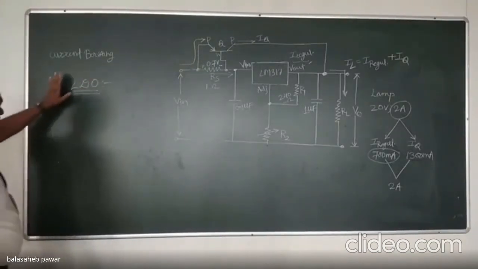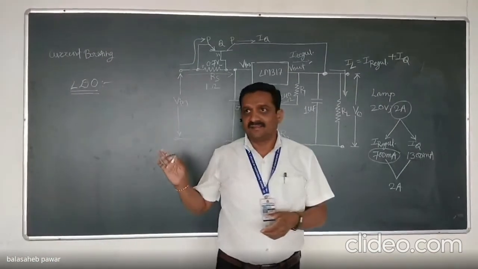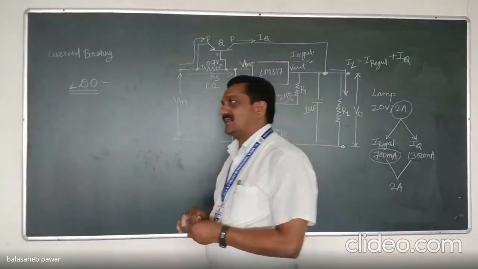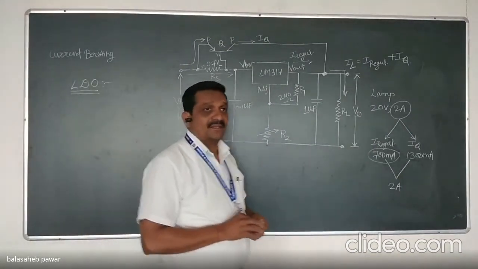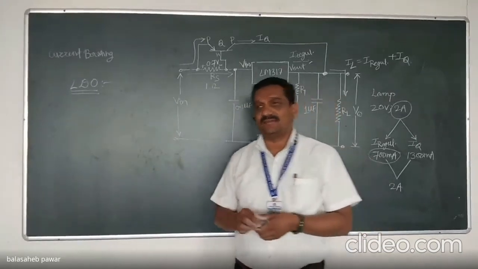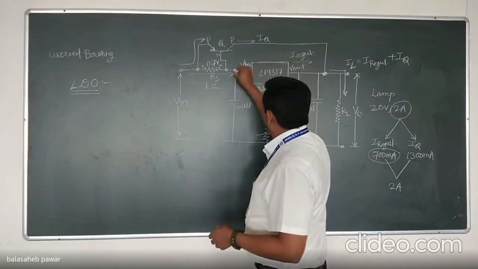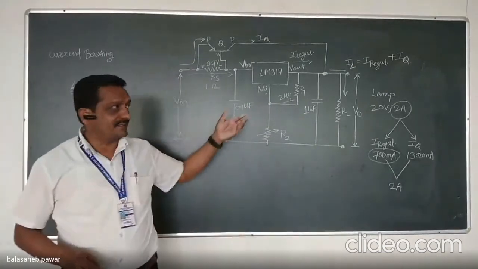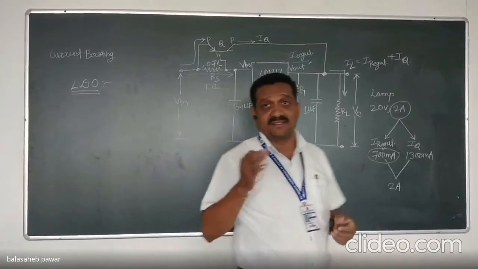See, what is the difference between this LDO and the regulators which we studied, which you are already familiar with, either the 78 series, that is fixed regulators, or the 79 series, that is fixed negative voltage regulators, or LM317 or LM337? The voltage drop across these regulators is somewhat large, that is 2 to 3 volts.